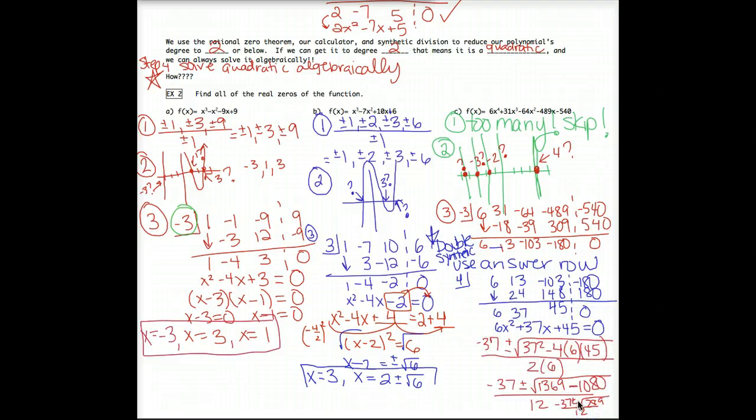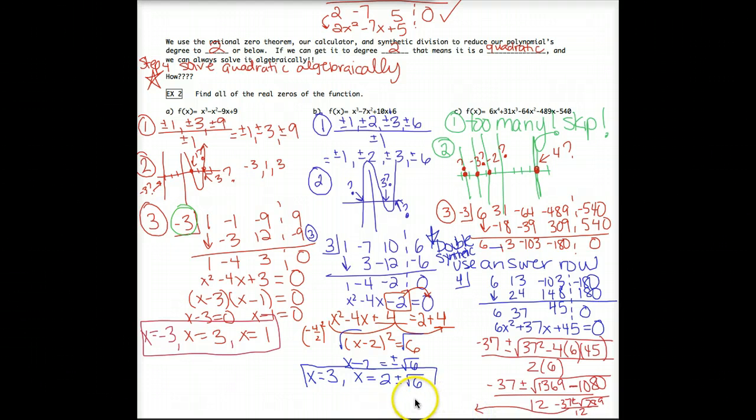Square root of 289, this is why it's so advantageous to know your perfect squares. That comes out evenly. Don't waste your time doing a factor tree if it's a perfect square. 289 is a perfect square, and I'm running out of room, so I'm going to bring it over here a little bit.